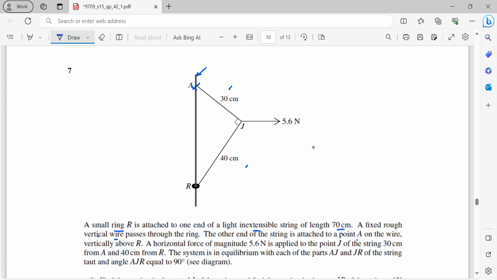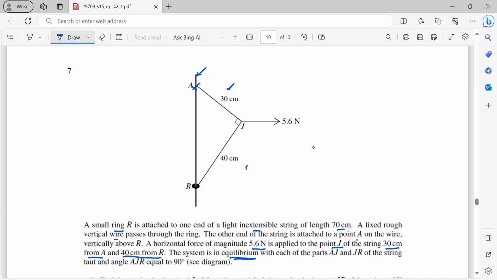So this is the point A, vertically above R. A horizontal force of magnitude 5.6 Newton is applied to point J of the string, 30 centimeters from A and 40 centimeters from R. The system is in equilibrium. Equilibrium means that it's not moving.